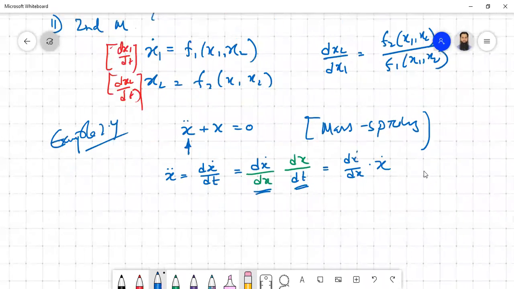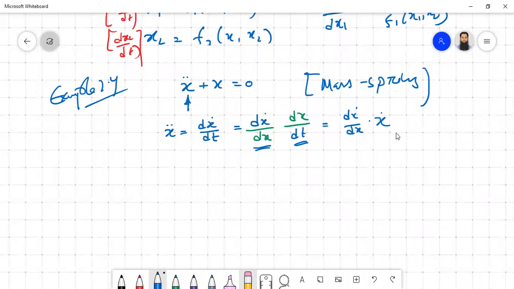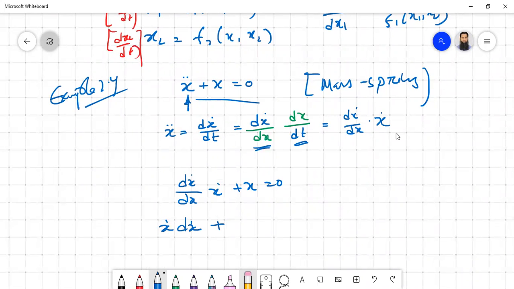So if you put this quantity into the equation, we get dx dot by dx times x dot plus x equals 0. Now if we multiply with dx, we have x dot dx dot plus x dx equals 0.